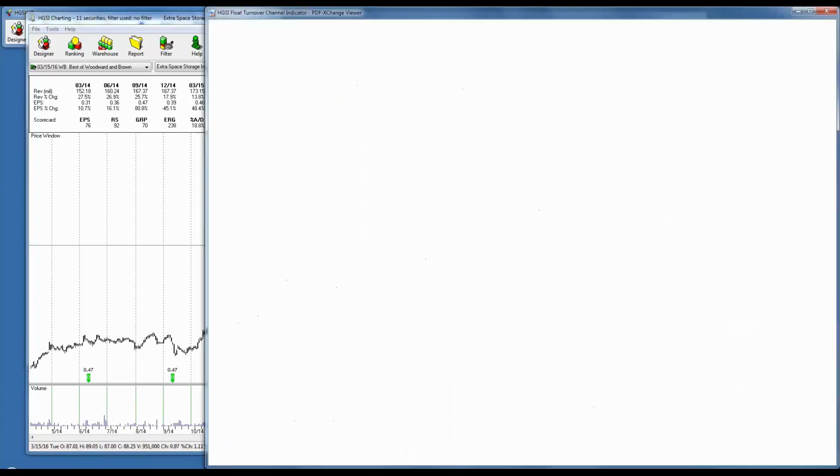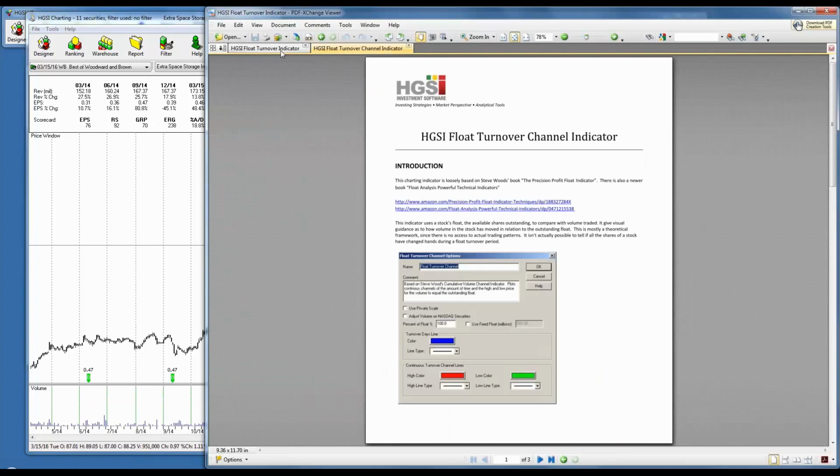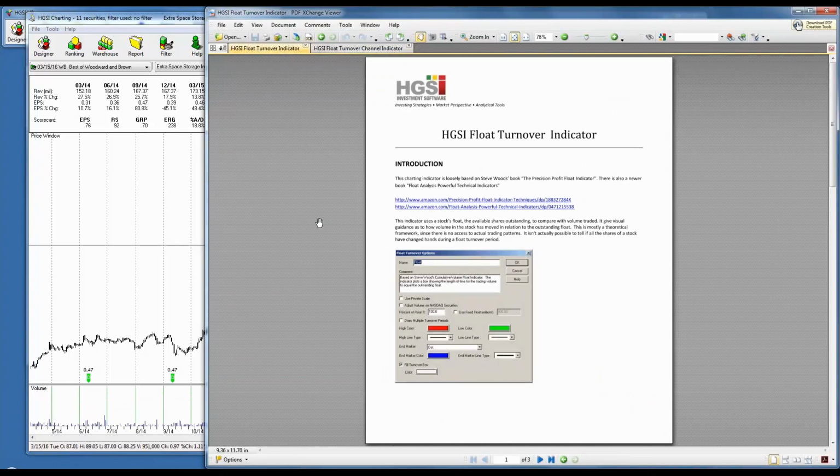If you look at these, we have two PDFs that talk about the two indicators. The two indicators are very closely related. In fact, at one time we were considering making them one big indicator, but we split them up because it just made more sense to be balanced.